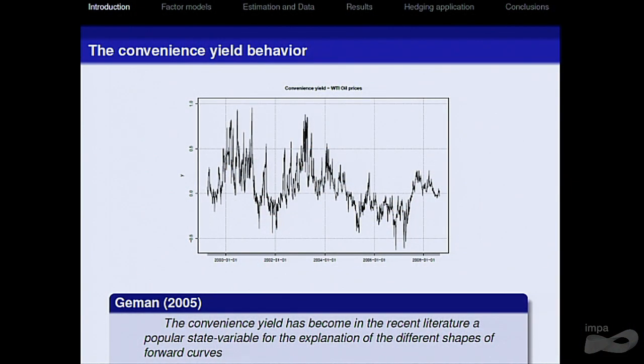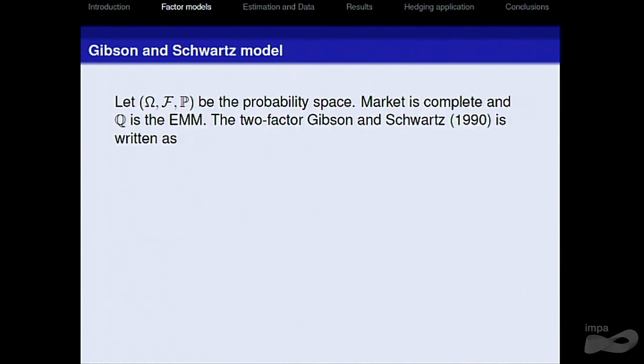A quotation from Gibson: the convenience yield has become in recent literature a popular state variable for explanation of different shapes of forward curves. So many models use convenience yield to describe the behavior of these forward curves or futures curves.